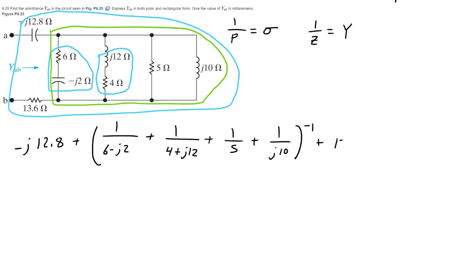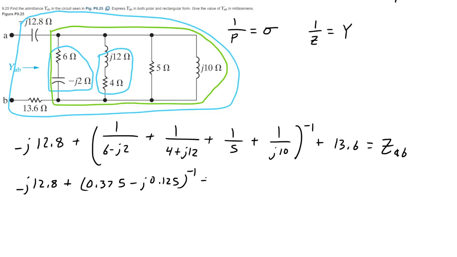Plus 13.6 equals ZAB. So if we simplify the middle expression, j12.8 plus, let's see, 0.375 minus j 0.125 to the minus 1 plus 13.6.